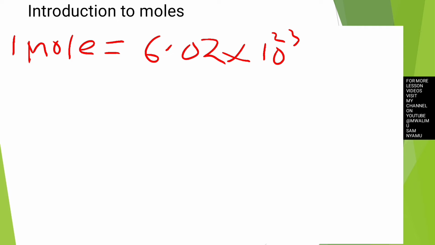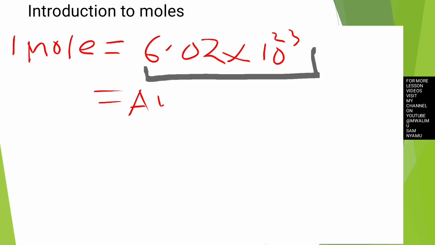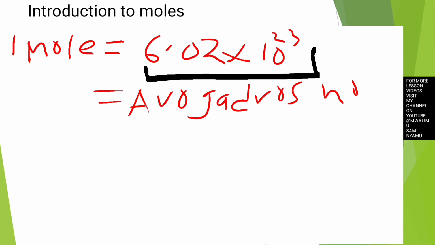This number in chemistry is referred to as Avogadro's number. So every time you hear a mention of Avogadro's number, we are actually speaking about 6.02 times 10 to power 23.